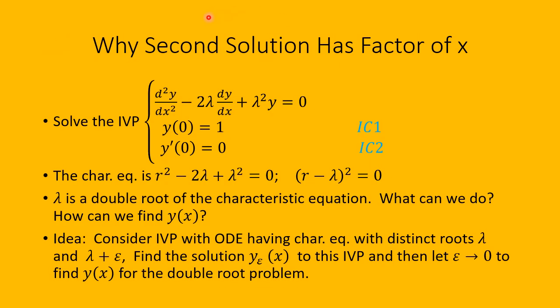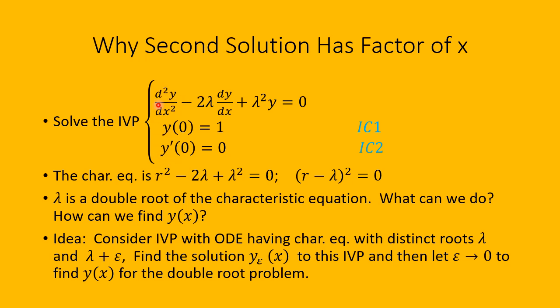So now let's ask ourselves, when we have a double root to the characteristic equation, why does that second solution that we talked about have that extra factor of x in it? So let's look at this initial value problem, which involves a double root.